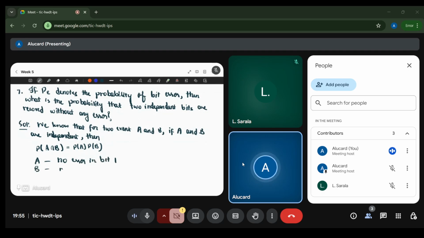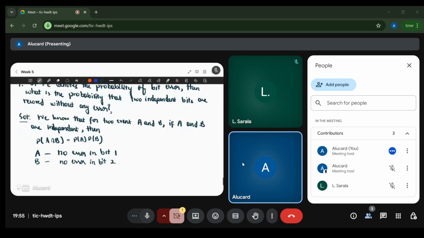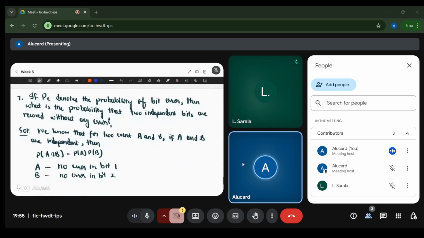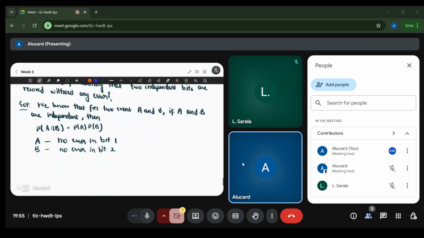And B, you can take it as the event, no error in bit 2. Then you can use the independence to find the probability that both the bits are recovered without any error.